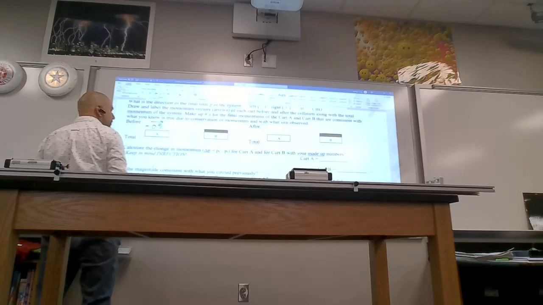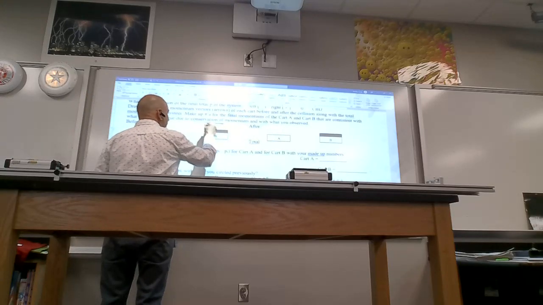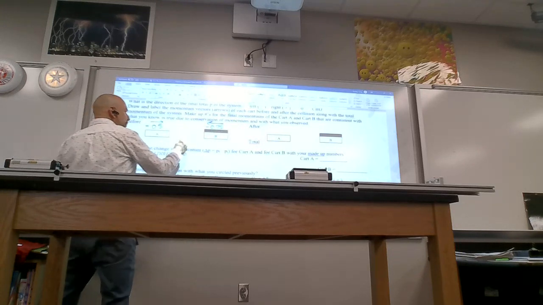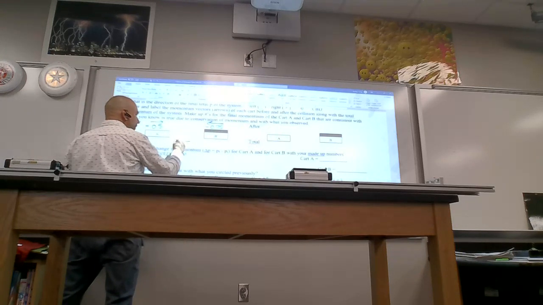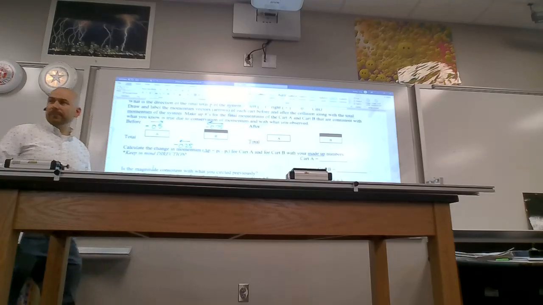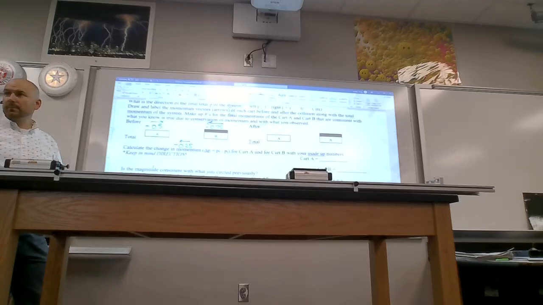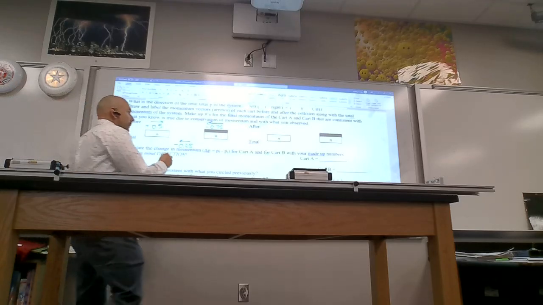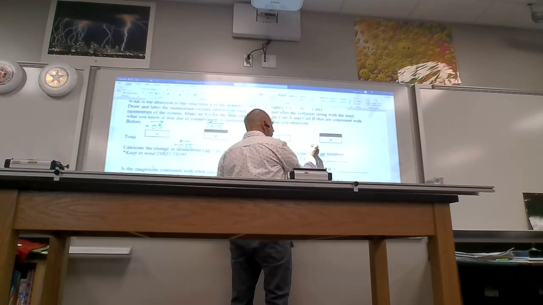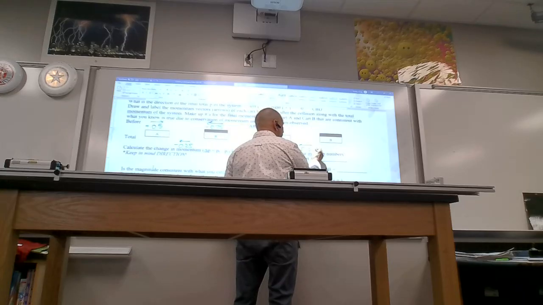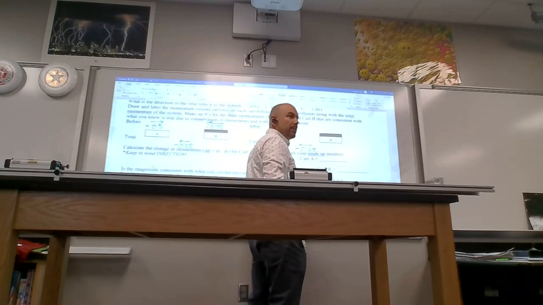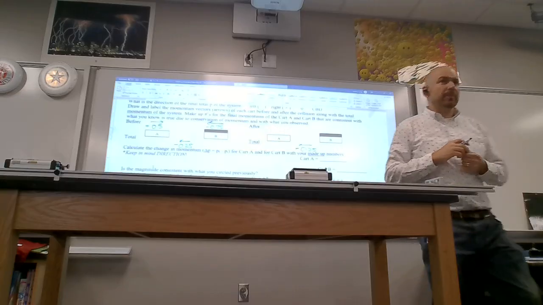So that's a positive 0.5 and a negative 0.75 to the left. Total momentum of the system was negative 0.25 to the left, right? So the total momentum of the system is still 0.25 to the left.